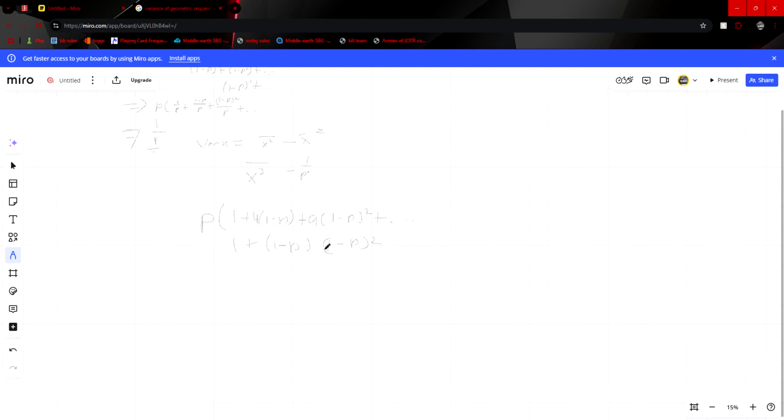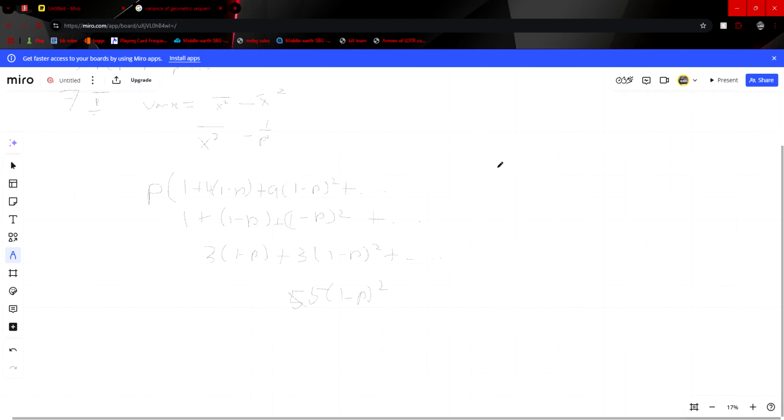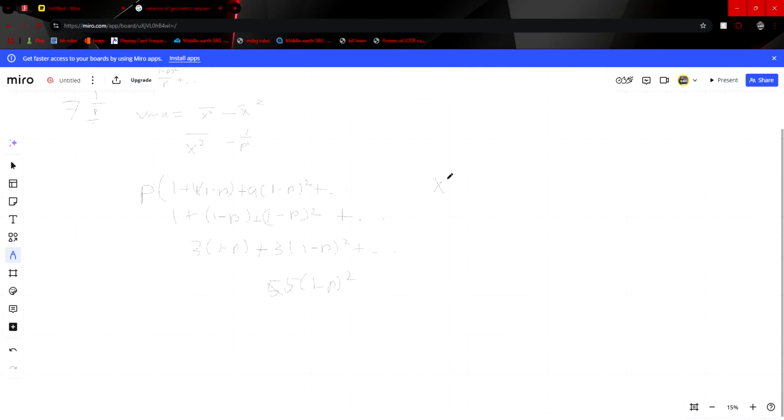squared, plus this time now 3 (1 minus p) plus 3 (1 minus p) squared, plus dot dot dot, and plus dot dot dot again, and now it's 5 (1 minus p) squared, and the same thing goes because of the difference between two consecutive squares, so (x plus 1) squared minus x squared, which is essentially what we're doing.